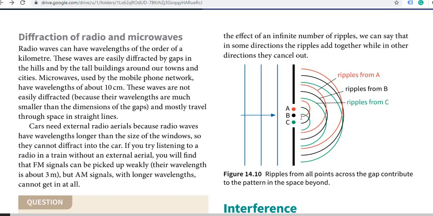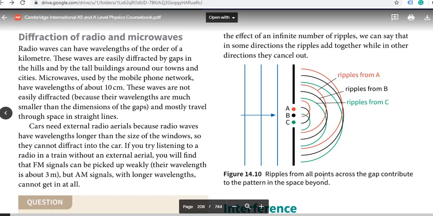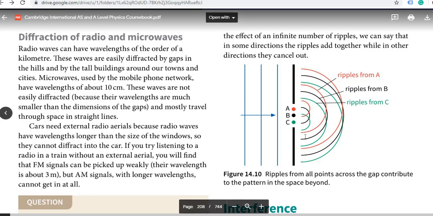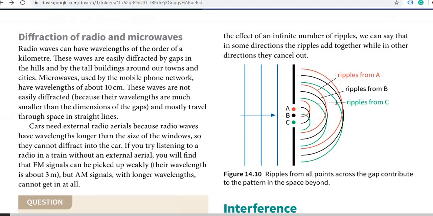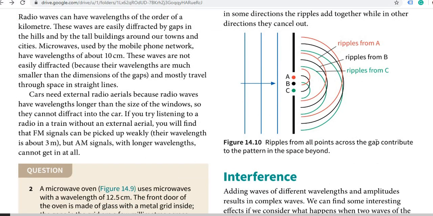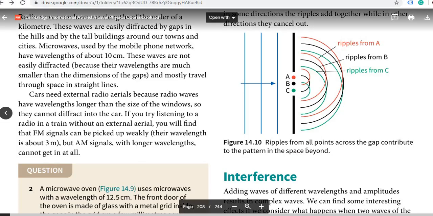So here is the center of that circular arc. Then these will interfere, and as a result you will get one big circular wave like that on this side, the result of all this interfering and producing the resultant wave. Ripples from all points across the gap contribute to the pattern in the space beyond.